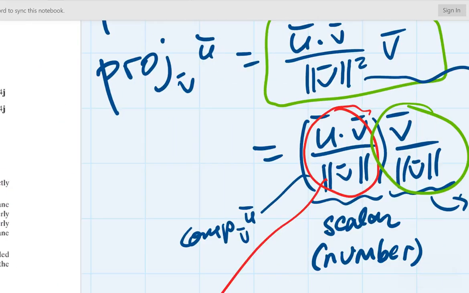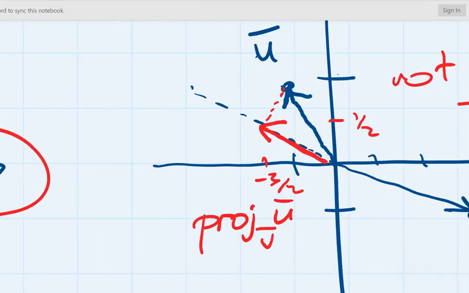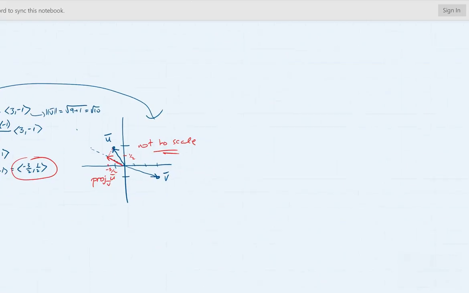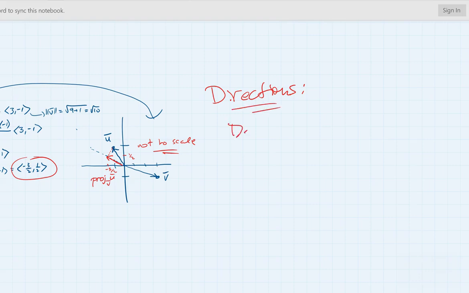Okay, so let me write down that. The directions are: decompose U into two vectors.